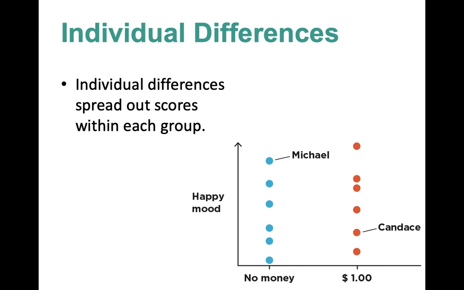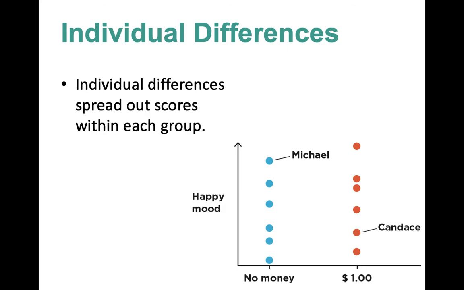And those individual differences can often obscure the effect of an independent variable. So in the graph, you can see how participants who received money were just ever so slightly happier than those that did not receive money, okay? Just barely. But there's a lot of overlap between the two conditions.